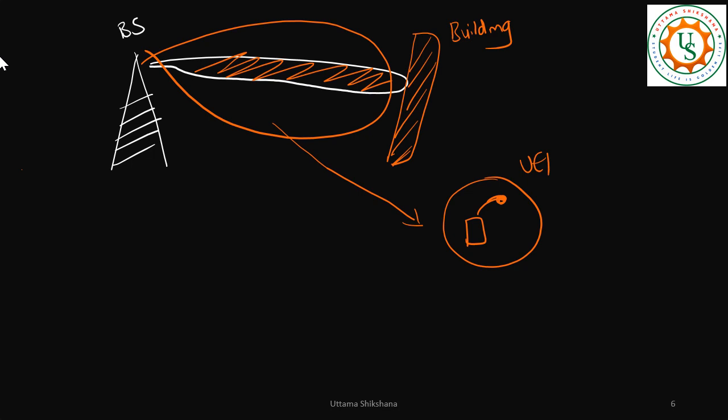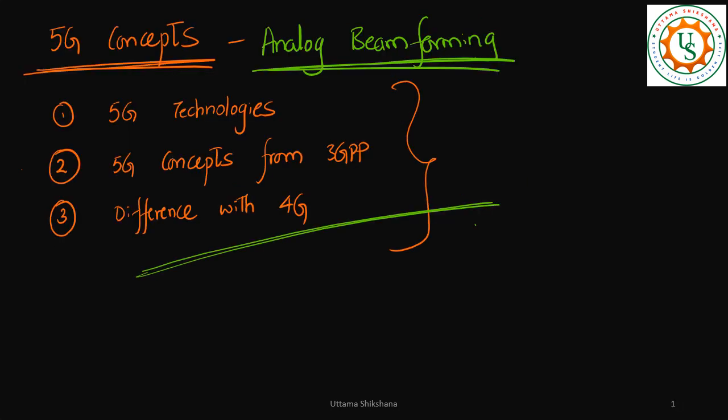For that, another new technology or scheme has been proposed in 5G. This also will come in the upcoming videos. But please note down this disadvantage, or challenge, as of now. I hope with this you got clarity with respect to all the advantages and disadvantages of analog beamforming, and why we had to introduce this analog beamforming technology in 5G.